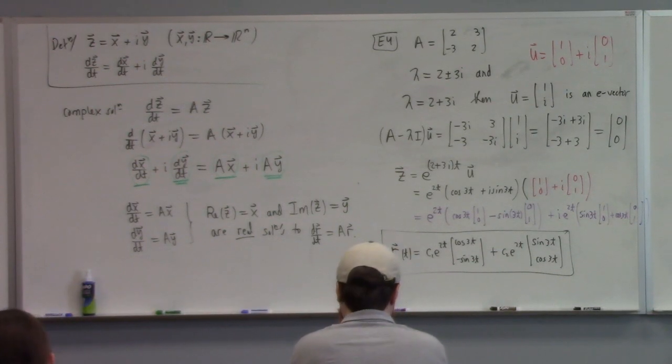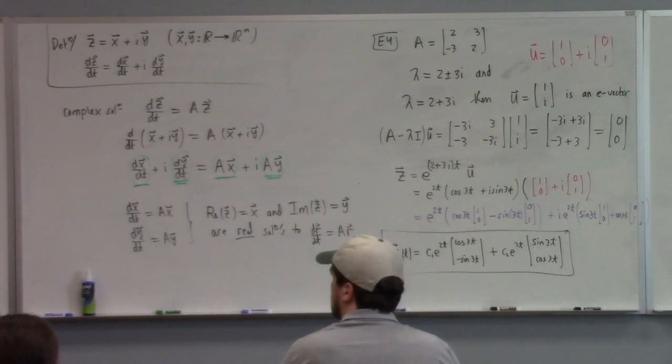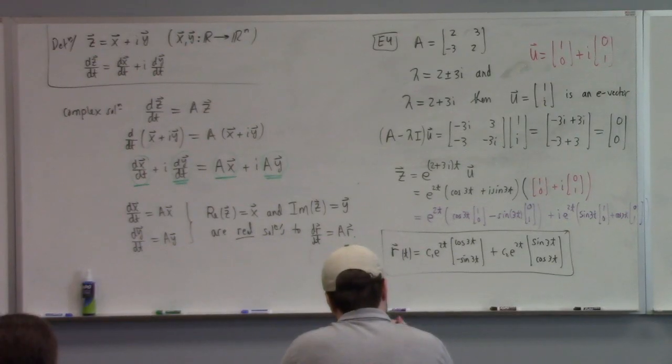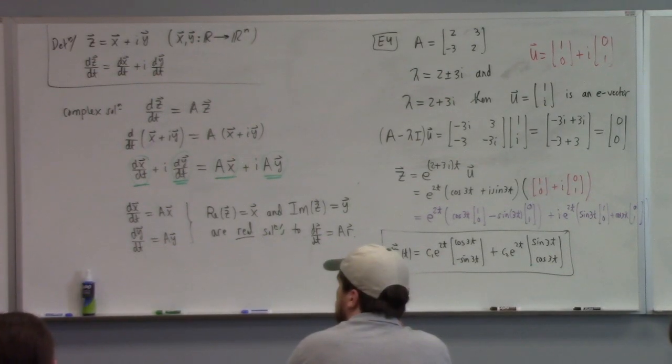There are two paths to go down, right? You could either check that AU is equal to lambda U, or you could check that A minus lambda I times U is equal to 0. AU equals lambda U is the same as A minus lambda I times U equals 0.